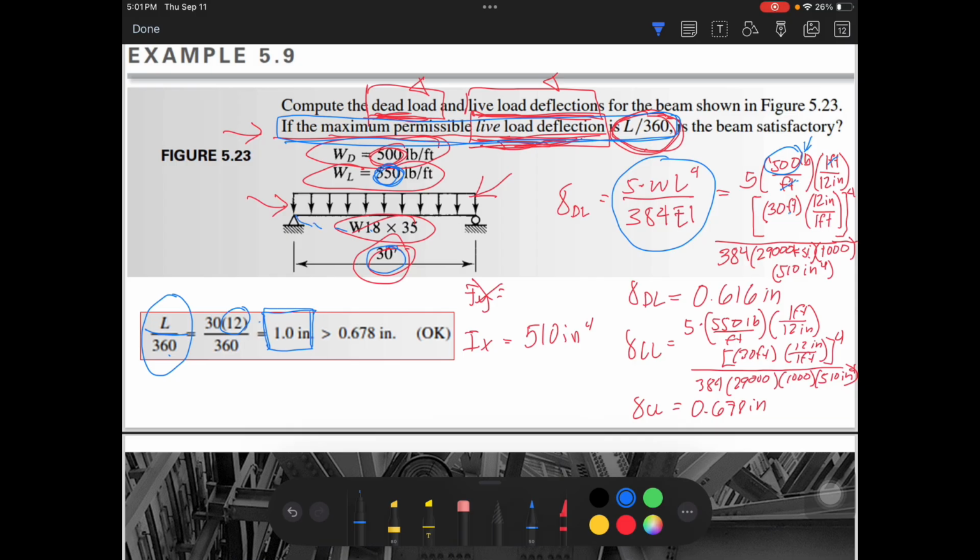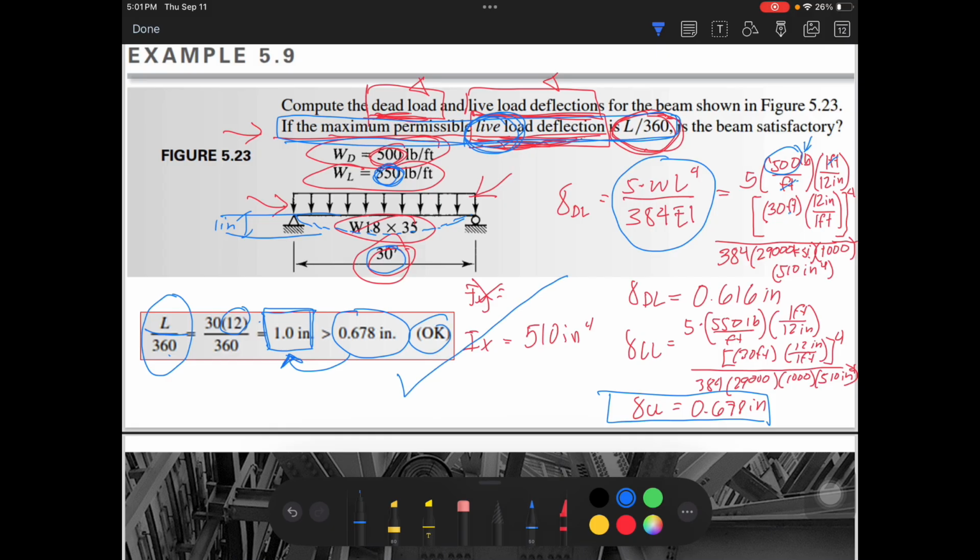Ibig sabihin, ang maximum na sag niya is 1 inch lang. Pag lumampas dyan, failed na yung beam mo. Yung deflection natin due to live load is 0.678 inches, which is less than our permitted deflection. So, our beam is okay.